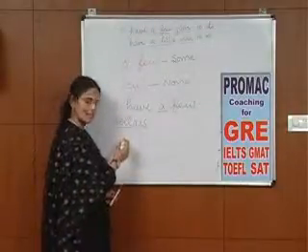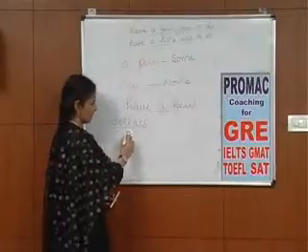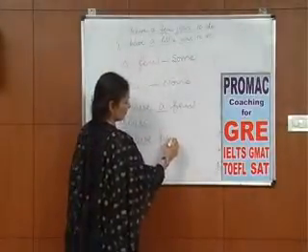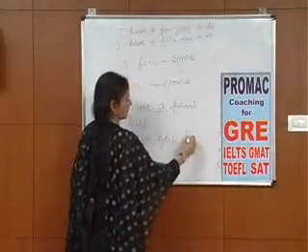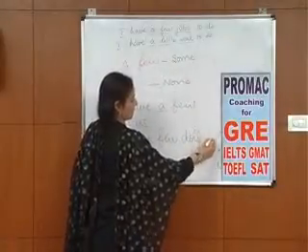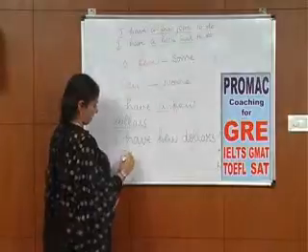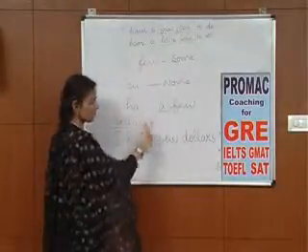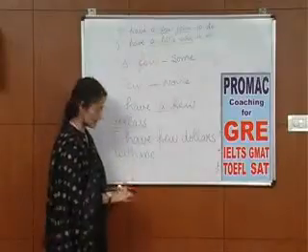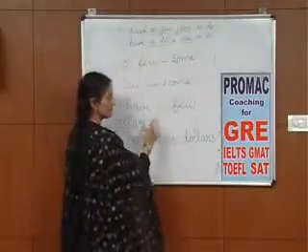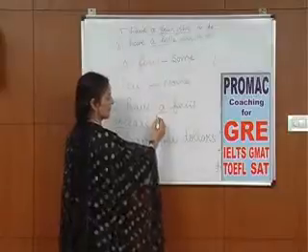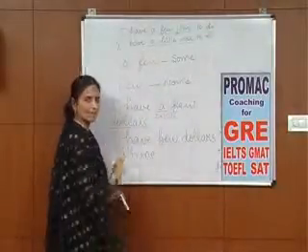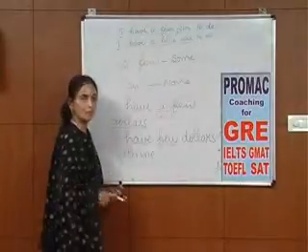Compare this sentence with this one. I have few dollars with me. So when we say something like this, what is the difference between both these sentences? Structurally, here we are using an indefinite article. Here, we do not have an article that precedes the word few.